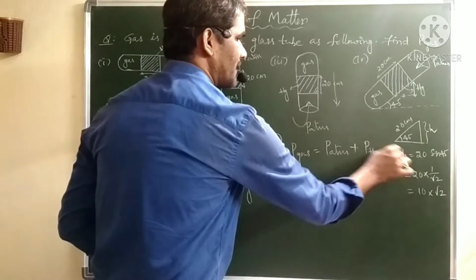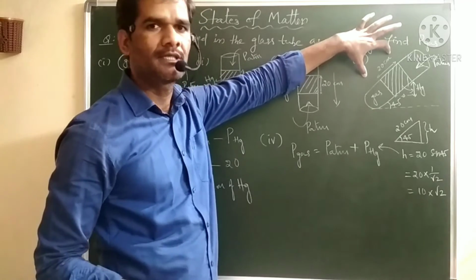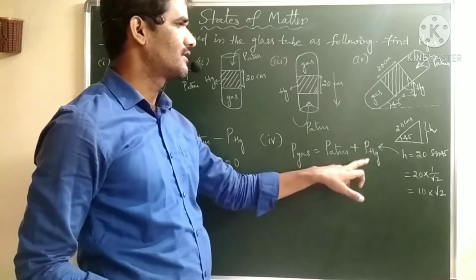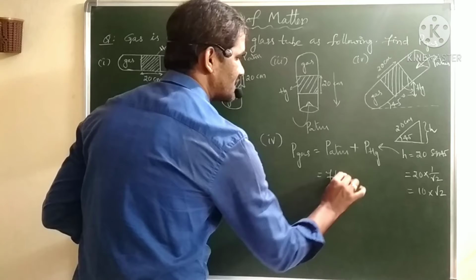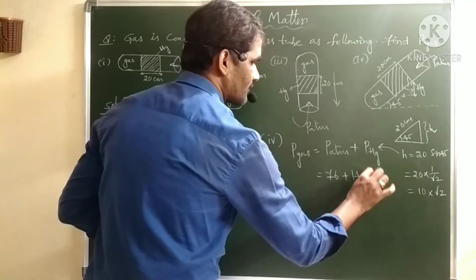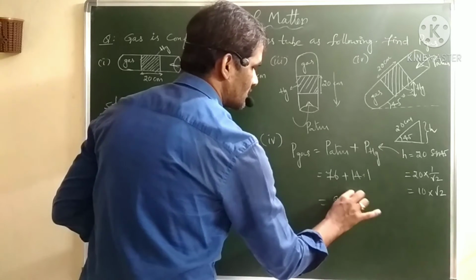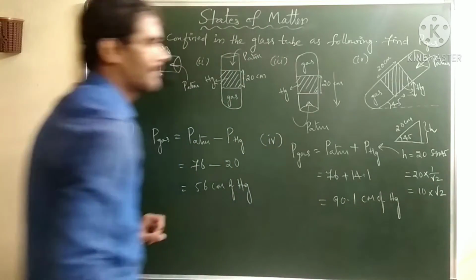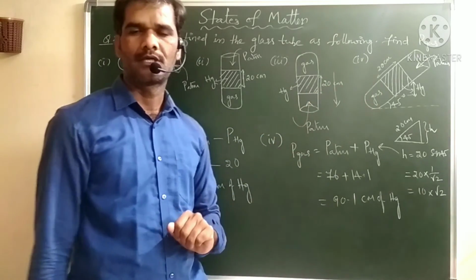We place this value in place of the pressure of mercury, since it is not exactly 20 centimeters. So 10 root 2 centimeters works on the gas. Now the pressure of atmosphere 76 plus 10 root 2, which is 14.1 centimeters, overall gives 90.1 centimeters of Hg. So this is the pressure in glass tube 4.